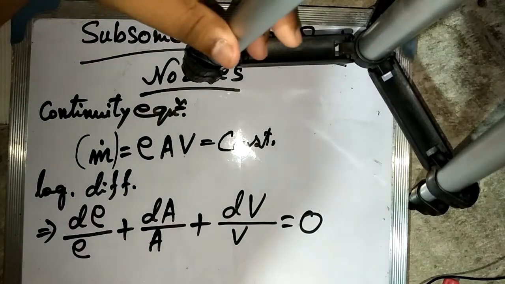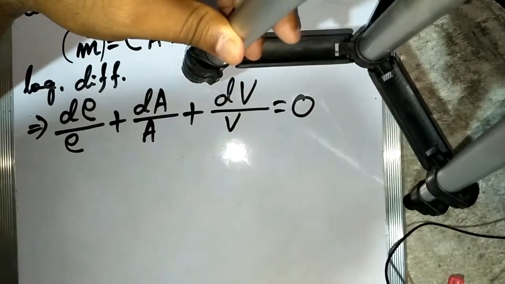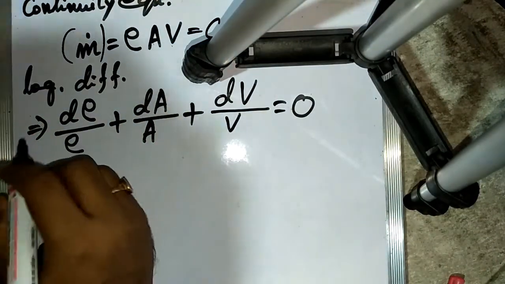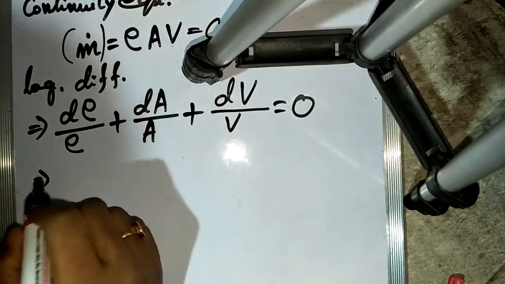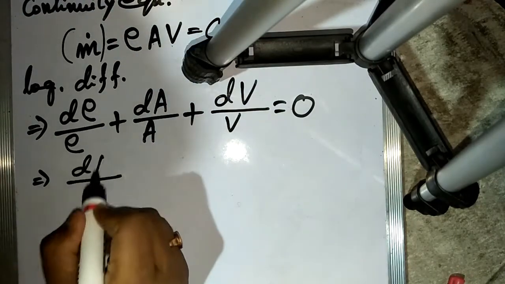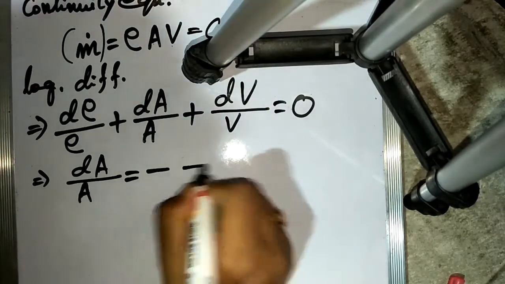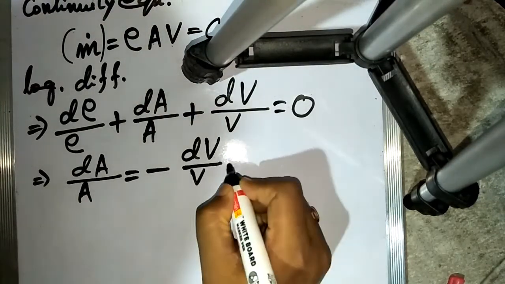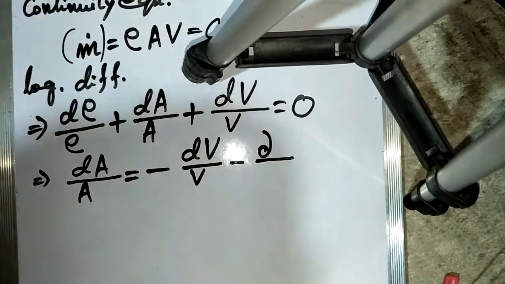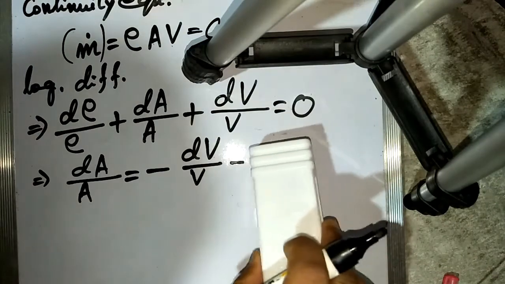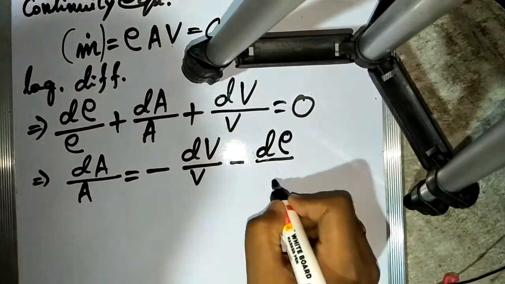From this relation we can write dA by A is equals to minus dV by V minus d rho by rho.